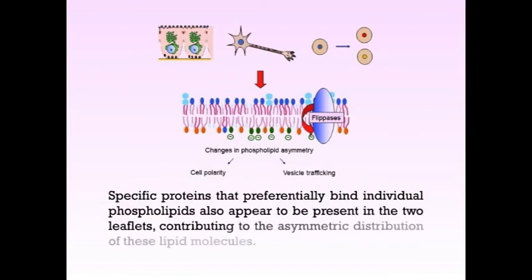Specific proteins that preferentially bind individual phospholipids also appear to be present in the two leaflets, contributing to the asymmetric distribution of these lipid molecules. In addition, phospholipid exchange proteins recognize specific phospholipids and transfer them from one membrane, for example the endoplasmic reticulum, to another, for example mitochondrial and peroxisomal membranes.